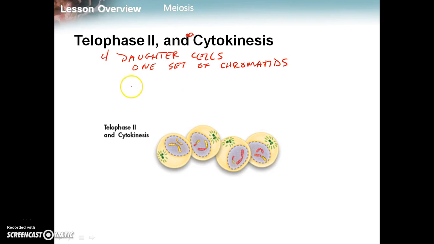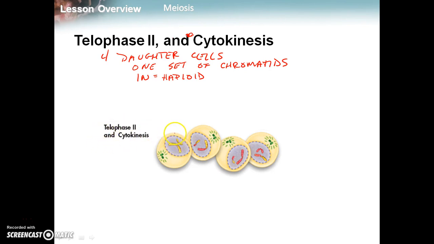And basically, this is known as being one N. And one N is also called being haploid. And that basically means that we don't have homologous pairs. We don't have one set from mom, one set from dad. We just have one set of chromatids.